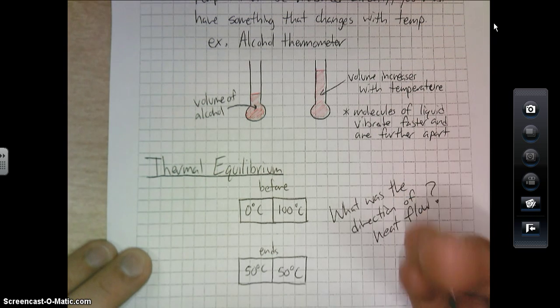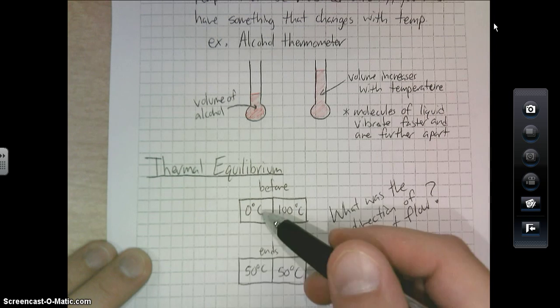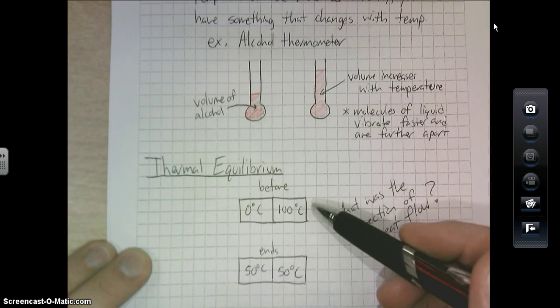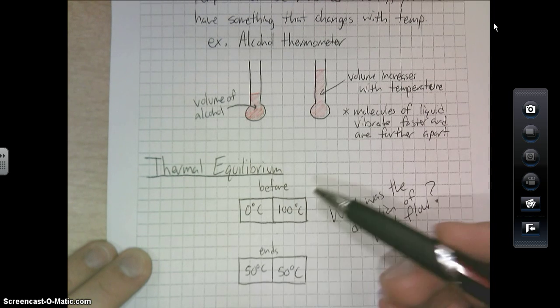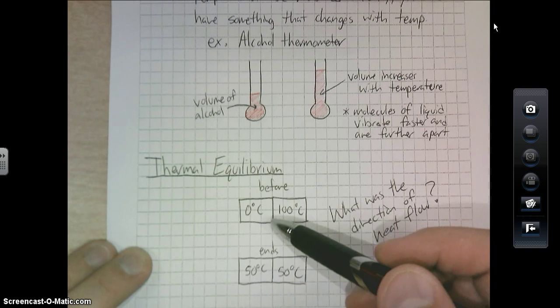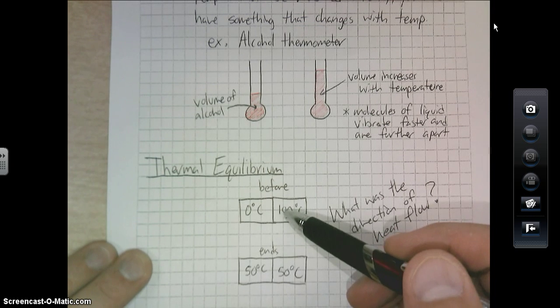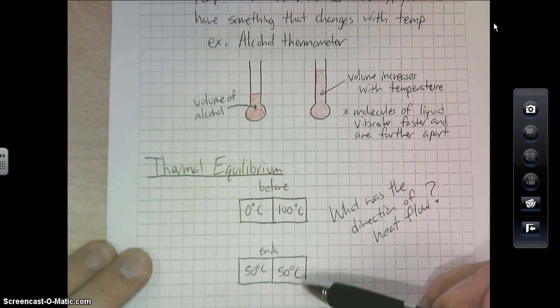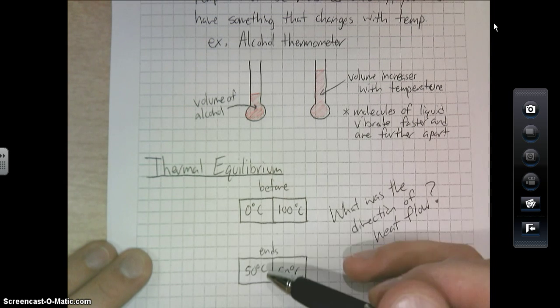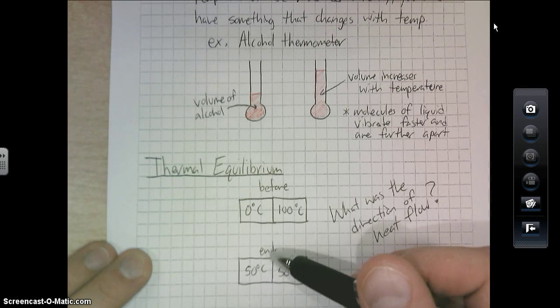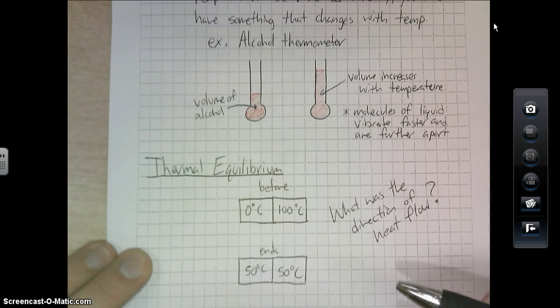I'm saying this is a perfect example not because it's the best example to use, but because it's an ideal situation. If you had two blocks of equal mass made of equal material, one at 0 and one at 100, and you put them in contact, ideally, if none of that energy goes off into the atmosphere, this one should end at 50, and so should this one.